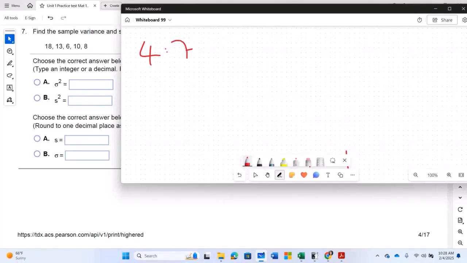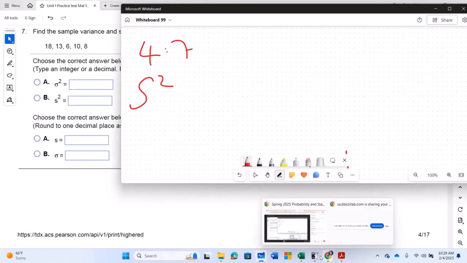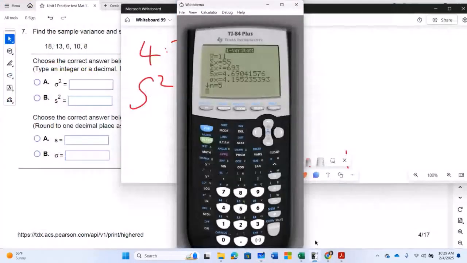Now I am told to find the sample variance. I am not going to square this. Go back to my calculator, and I will square the 9-digit sample standard deviation. How do I do that? Last class, I showed you that you can go to variance, statistics, and when you get there, you're looking for sample standard deviation, which is number 3.